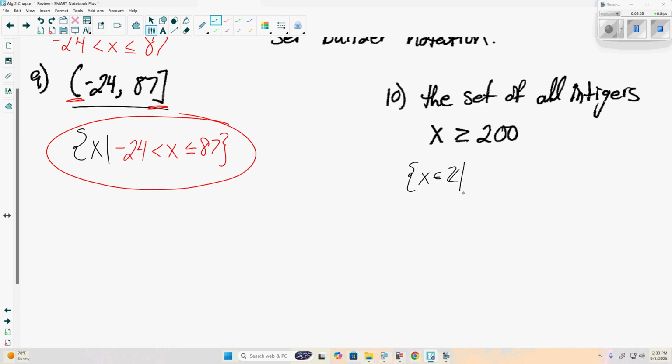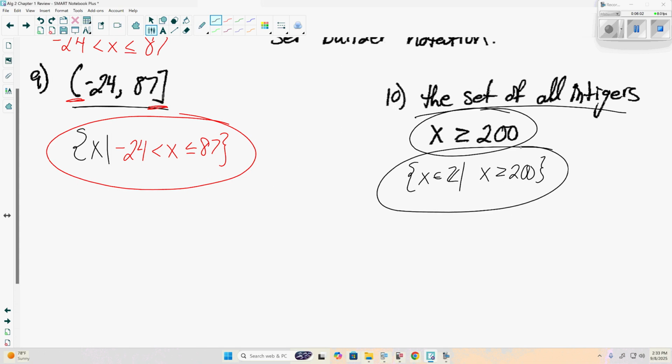We have to use our element, that weird looking e, and then our z with an extra line for the integers to satisfy our group, the set of numbers we're talking about, the set of all integers. Then our description is that x is greater than or equal to 200. Since it already gave it to us as an inequality, we don't have to do anything to it. We can just plug it in. And we're done.